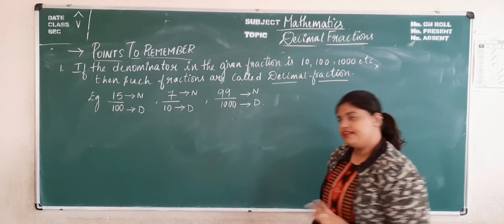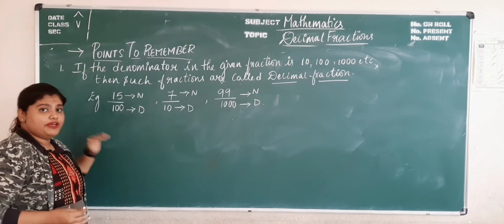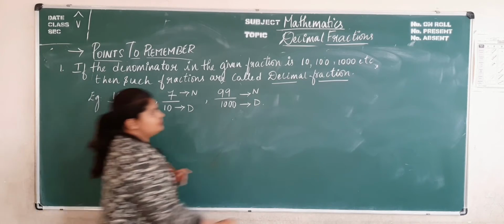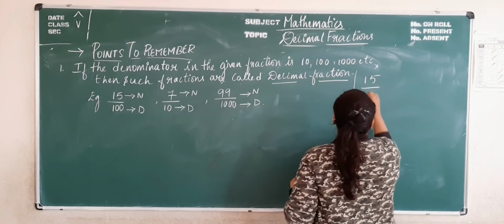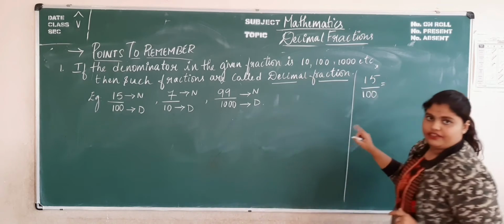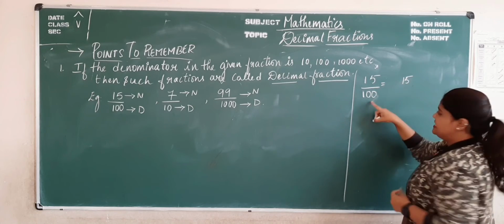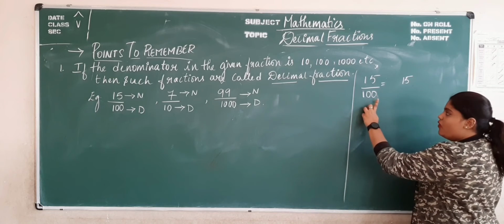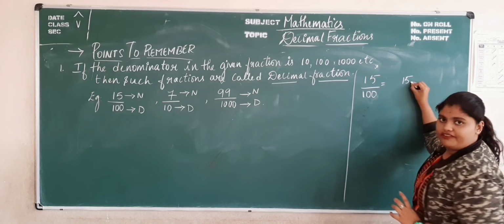Is it clear? So I can write this in some other way. I'll show you. For example, 15 by 100. I'll write the numerator, 15. I'll see the number of zeros in the denominator. How many zeros are there? 1, 2. In a whole number, the point will be here.